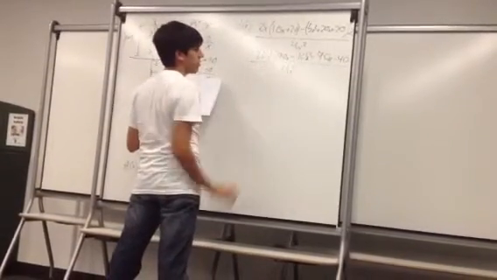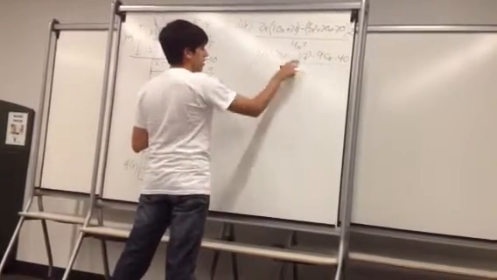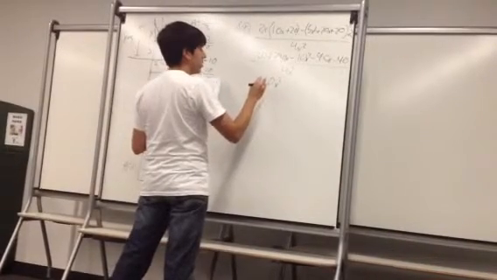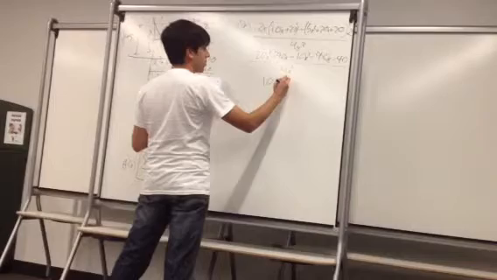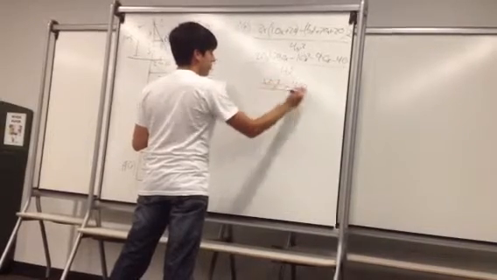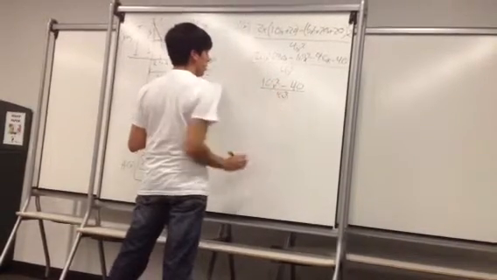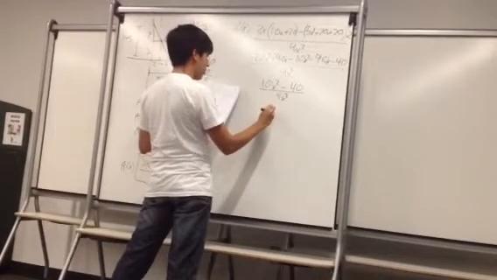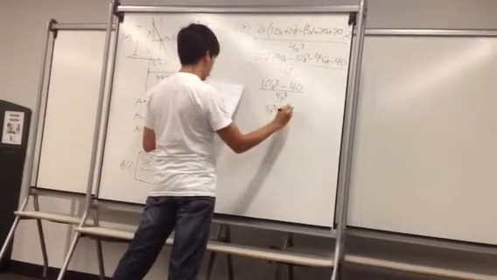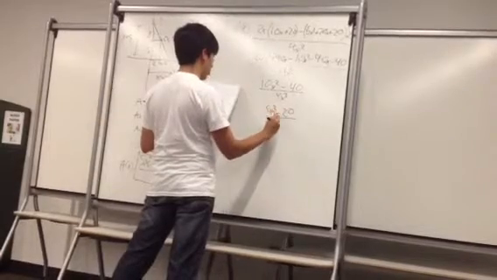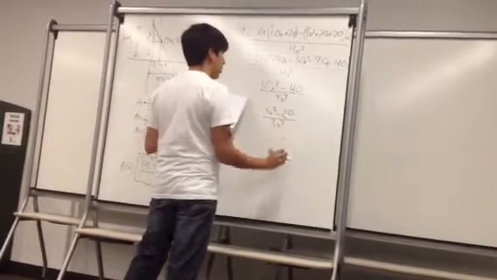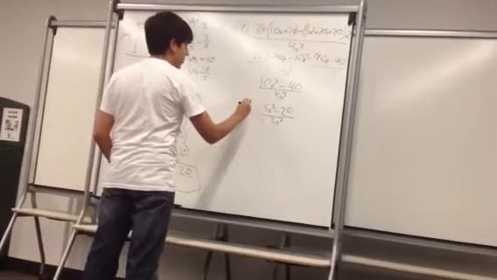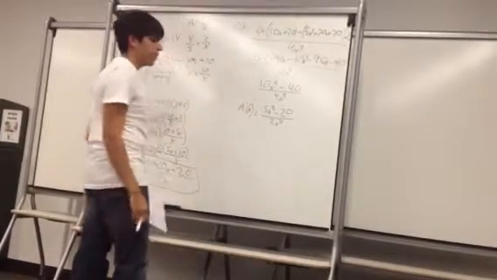The 40x terms cancel out, and these actually go down, so it's 10x squared minus 40 over 4x squared, which again simplifies into 5x squared minus 20 over 2x squared. Now this is our derivative for area.